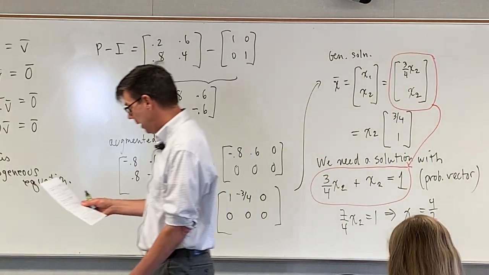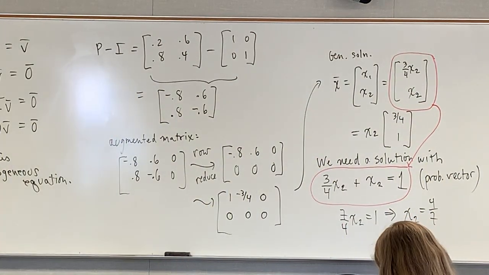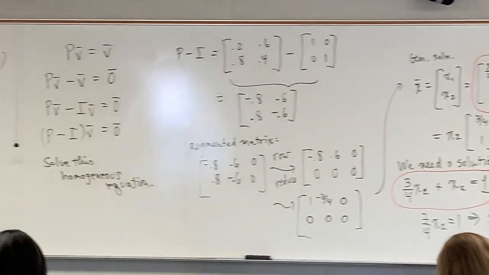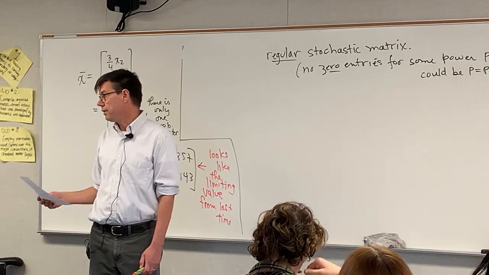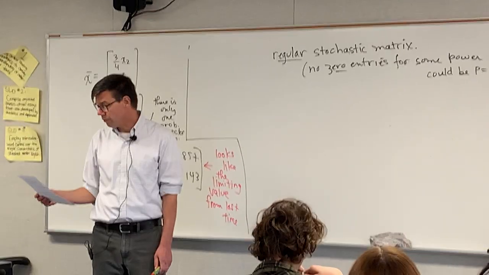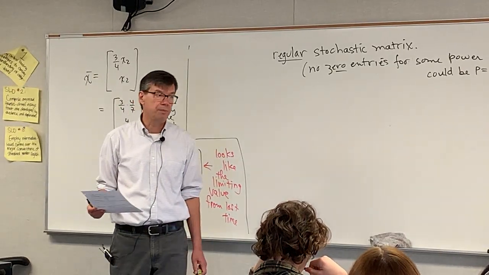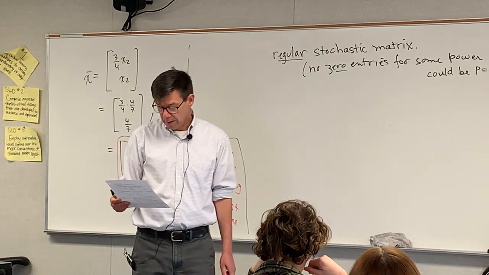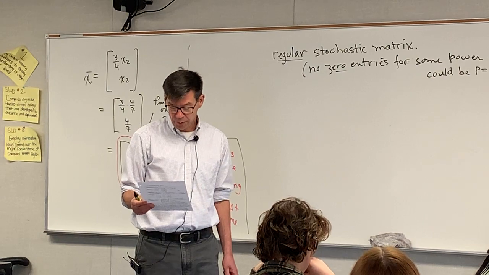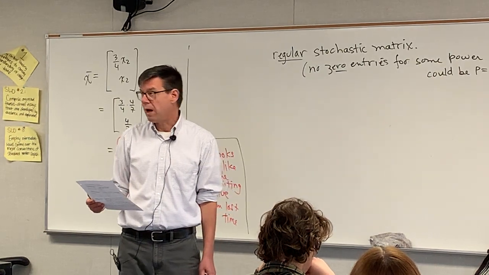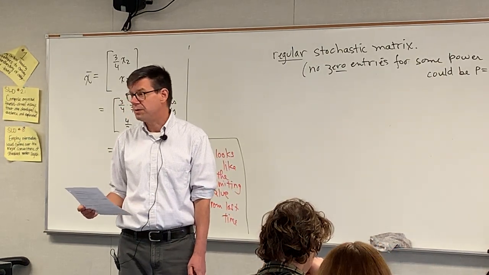I would have had a hard time figuring that out. And notice that when you square P, there are no 0 entries. So I just wrote down the result for P times P. That's what P squared is. And I believe once you get no 0 entries, all higher powers will not have a 0 entry.